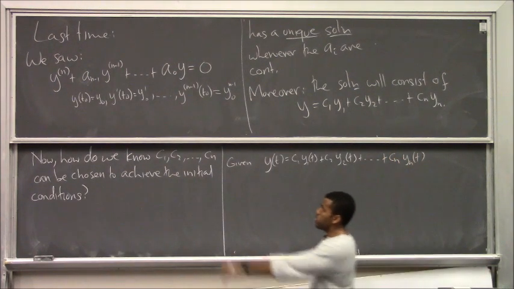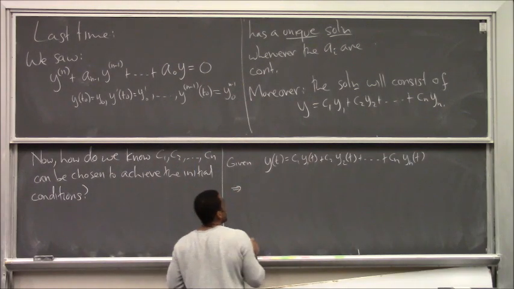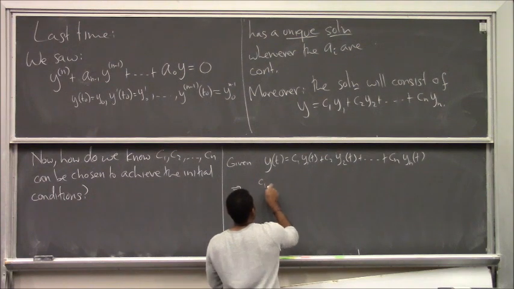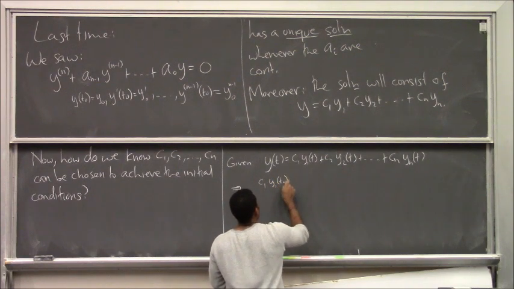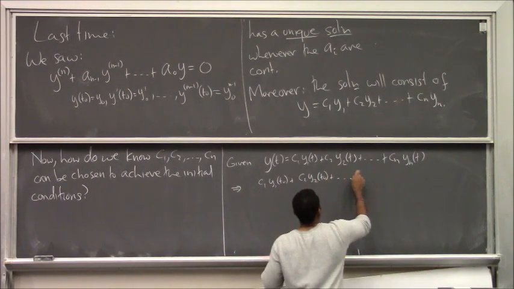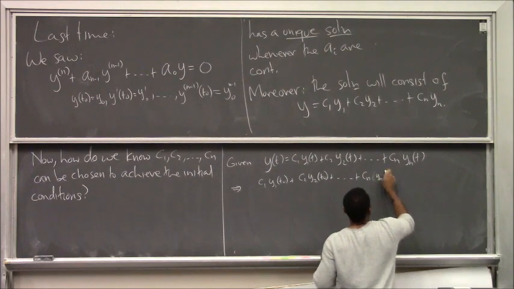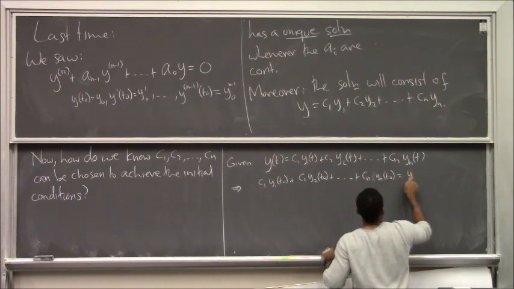We can start to plug in the t naught, and so C1 y1 evaluated at t naught plus C2 y2 evaluated at t naught plus Cn yn evaluated at t naught will give us y naught.